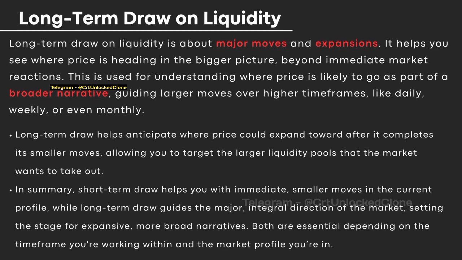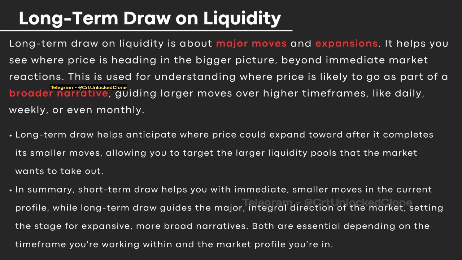Beyond immediate market reactions and movements, right? The reason we use this is for understanding where price is likely headed, or where it could likely go, as a part of a broader narrative, right? Basically, it guides us on the larger moves on the higher time frames, daily, weekly, or monthly.